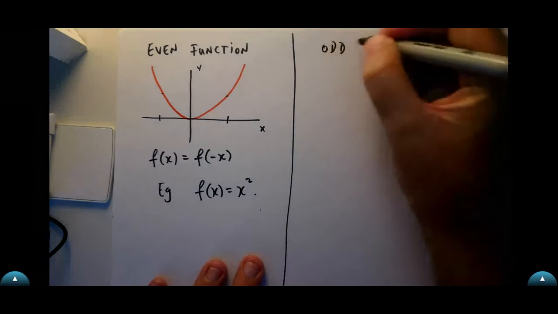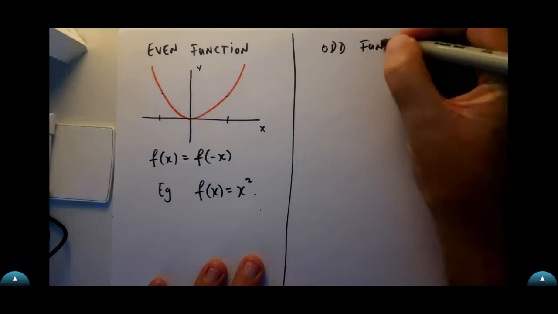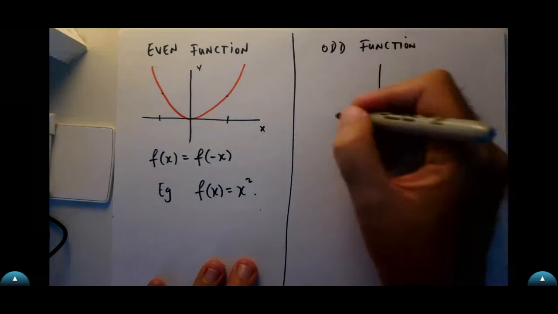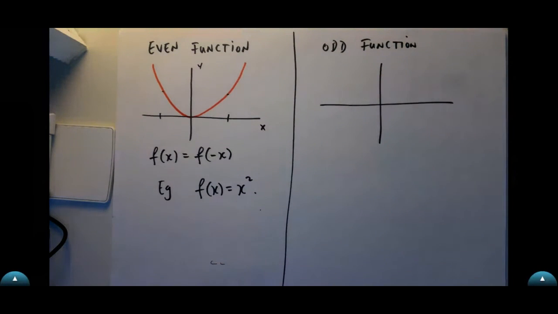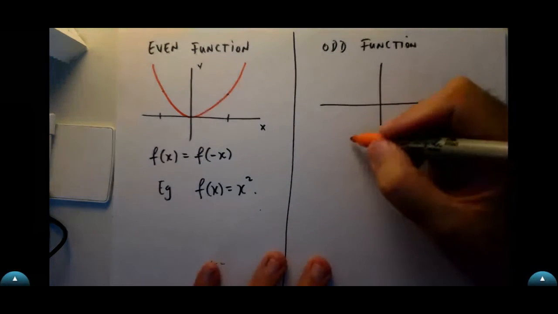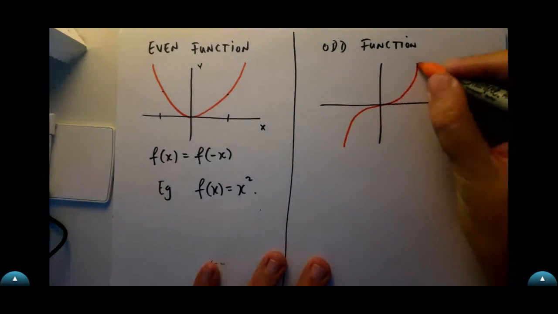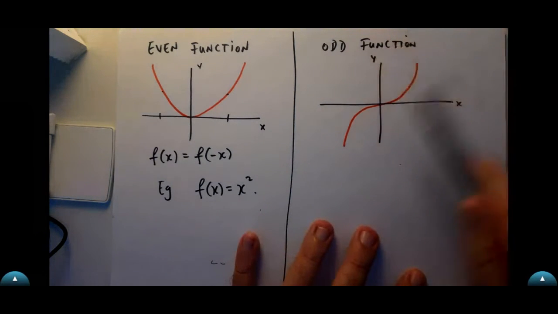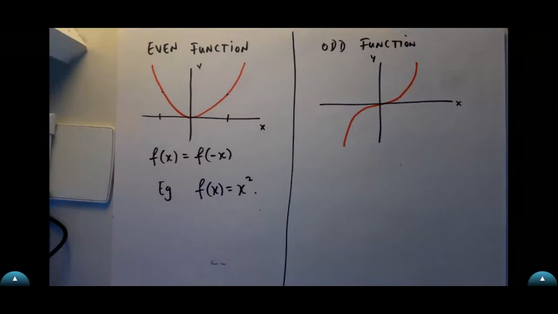Okay, the second part is an odd function. Okay, and so with this one, the way I like to do it is think of it like this, right? Let's say these are your original axes, and I've just drawn in the curve x cubed.